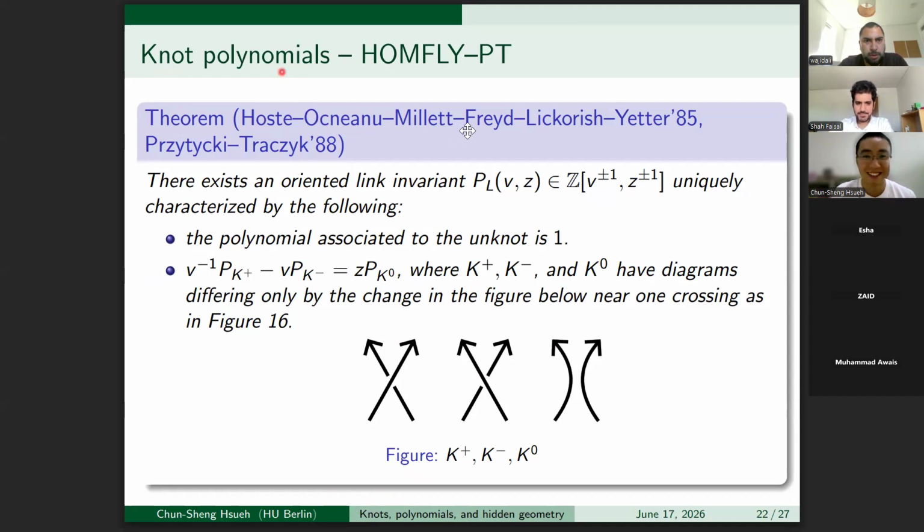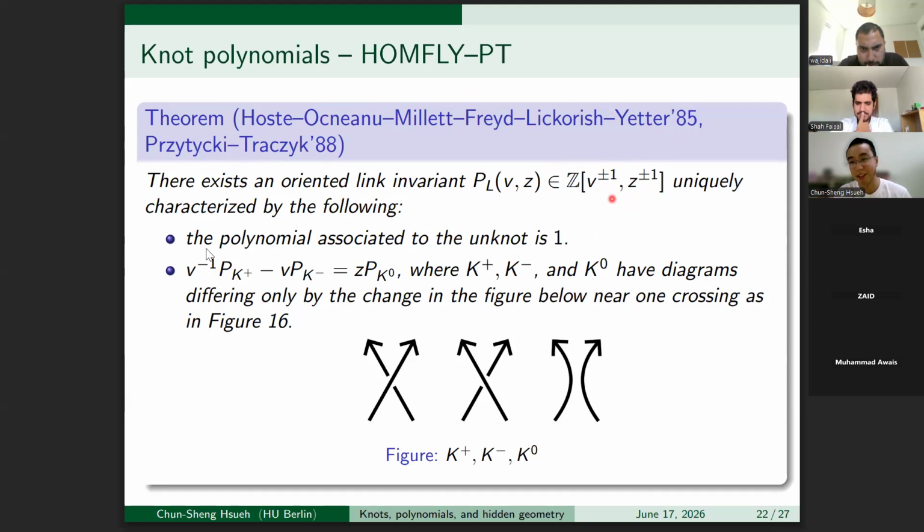Okay. The Homfly name stands for the authors, its discoverers. There are two independent groups, so it's called the Homfly-PT polynomial. It's a link invariant for oriented links, and it appears as a Laurent polynomial in two variables.